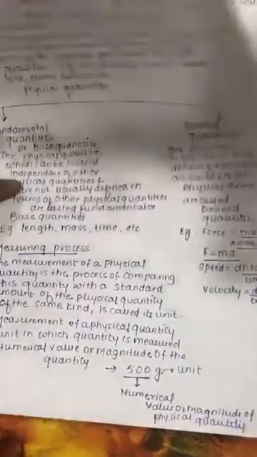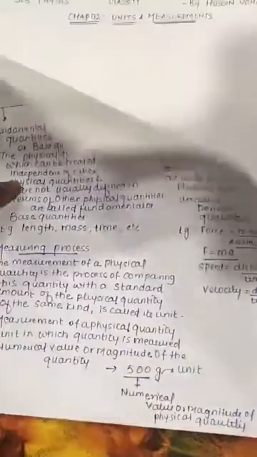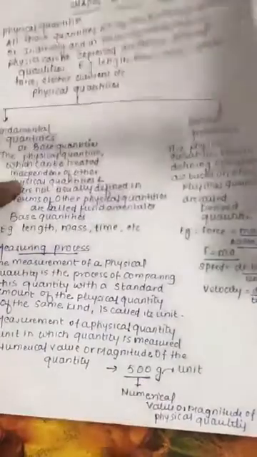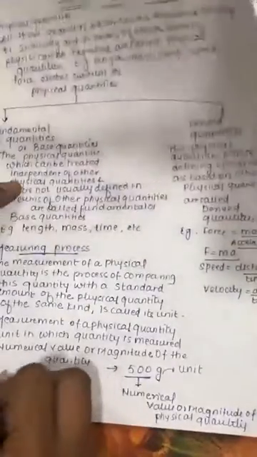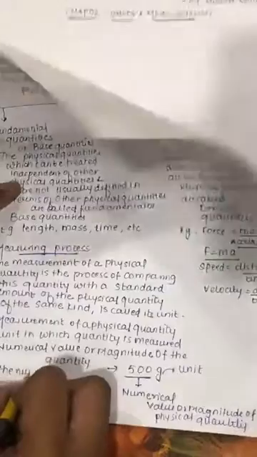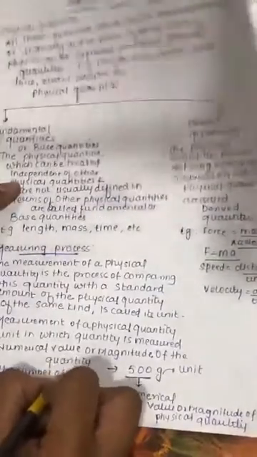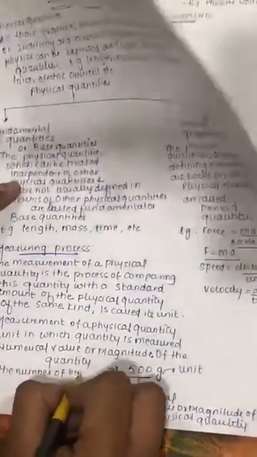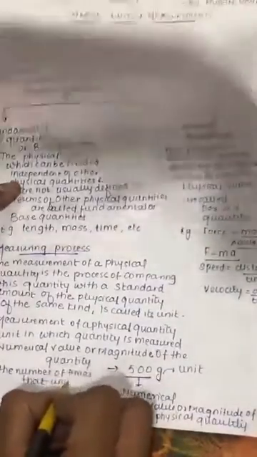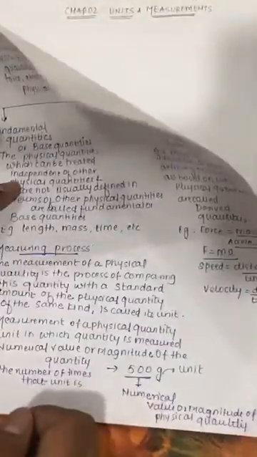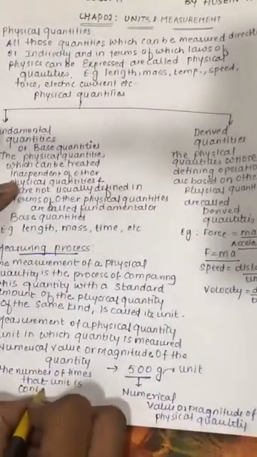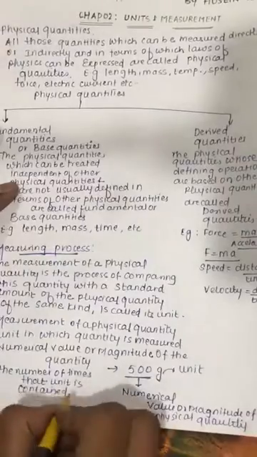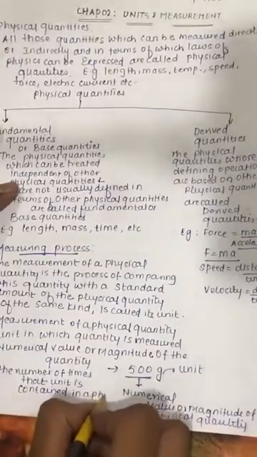The very first is the unit in which the quantity is being measured, and the second is the numerical value or magnitude of the quantity. Now what does magnitude or numerical value actually mean? It is the number of times that the unit is contained in a physical quantity.